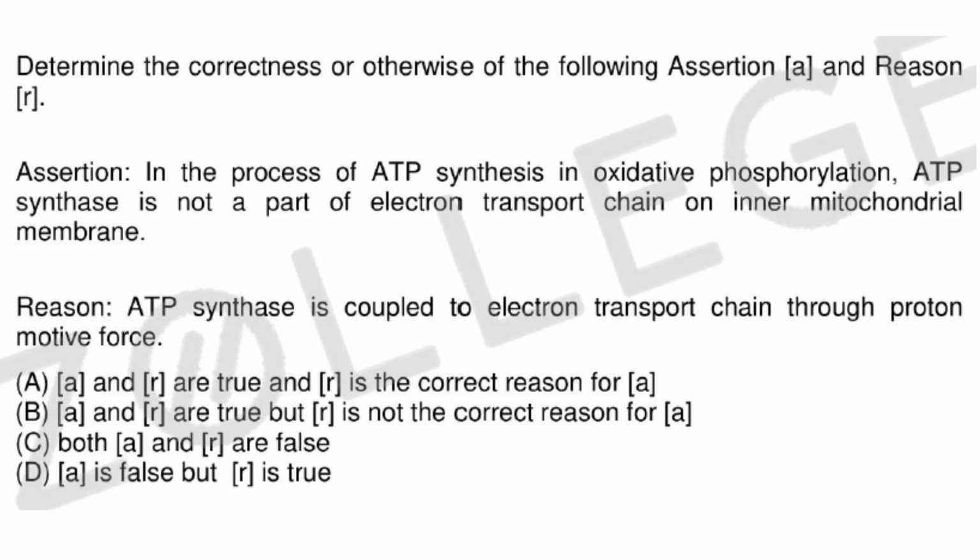Then determine the correctness or otherwise of the following assertion and reason. Assertion. In the process of ATP synthesis in oxidative phosphorylation, ATP synthase is not part of electron transport chain. Yes, it is not a part of the electron transport chain of inner mitochondrial membrane.